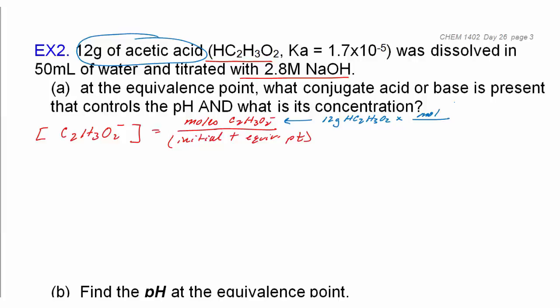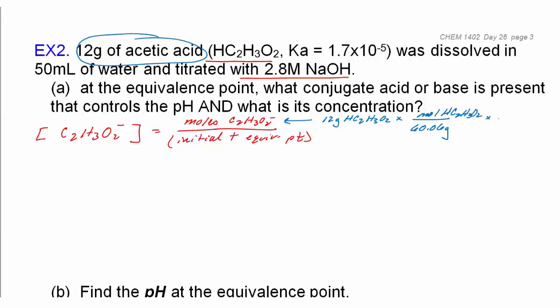How many grams are in a mole of acetic acid? Well, we've got 4 hydrogens total. That's 4.04 plus 2 times 12.01 plus 2 times 16, about 60.06 grams, for every 1 mole of acetic acid.